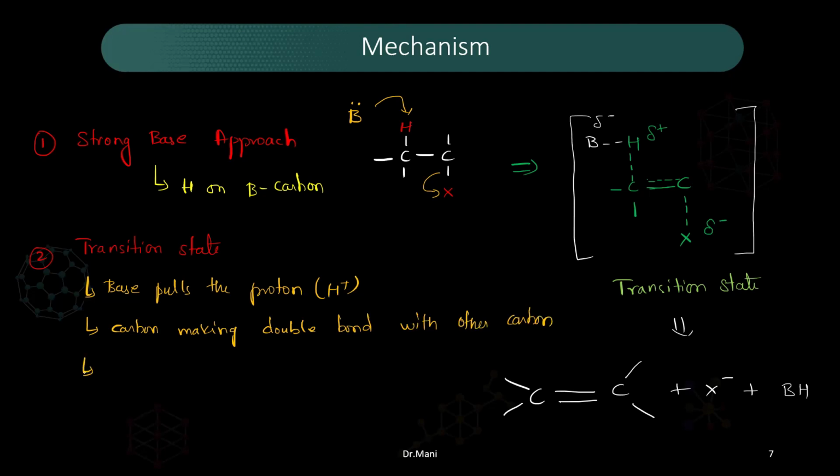Third, what is the leaving group here? The halogen. So the carbon and halogen bond starts breaking simultaneously. See, all these things will happen simultaneously. When the base is pulling the proton, the carbon and halogen bond will also start breaking simultaneously.